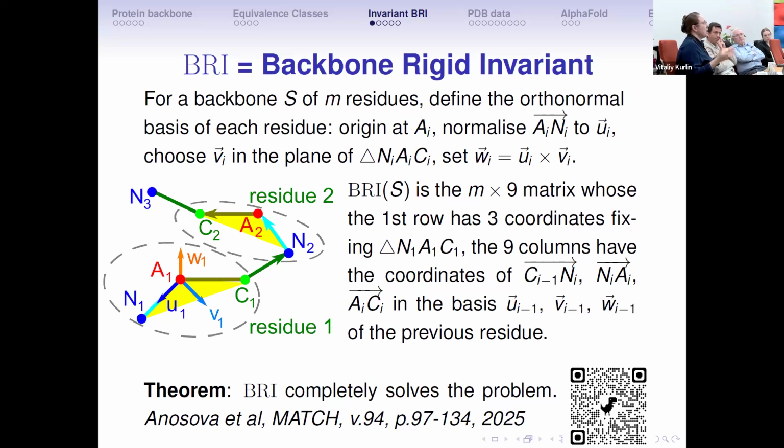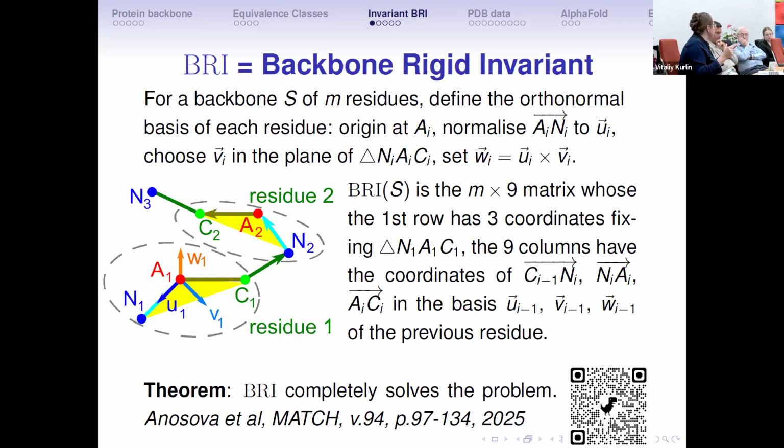So the question is how to create a coordinate system that will be somehow connected to the snake. And the very first idea is to just introduce the coordinate system in the very first residue of the snake, and then describe the whole snake in this coordinate system, right?